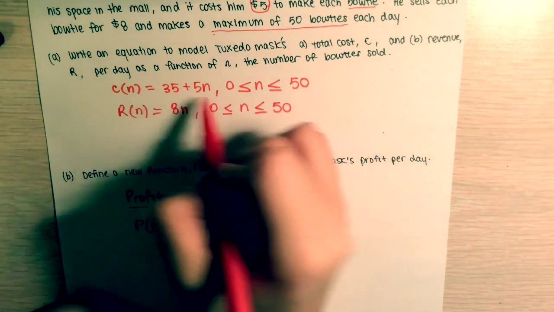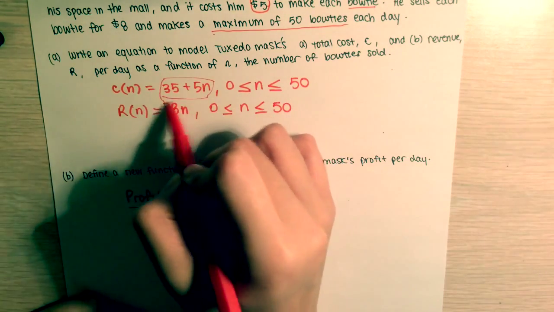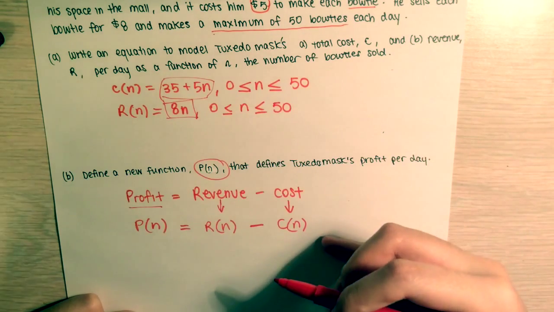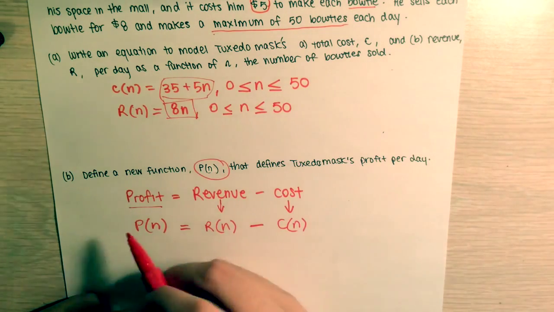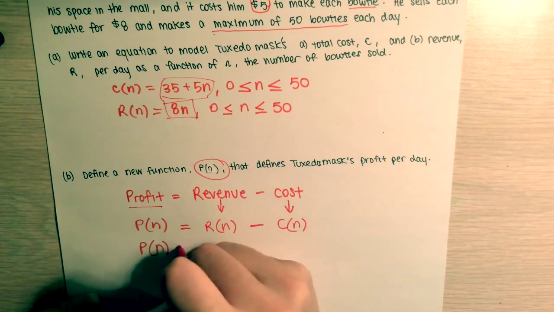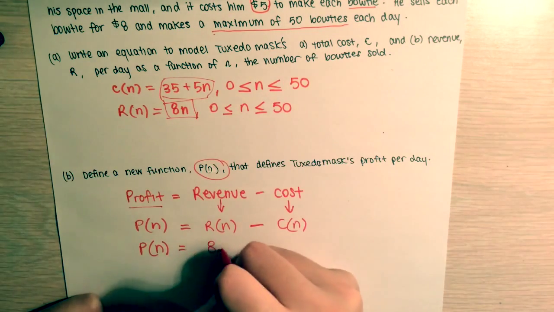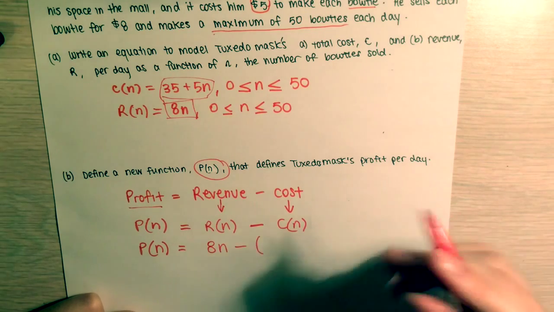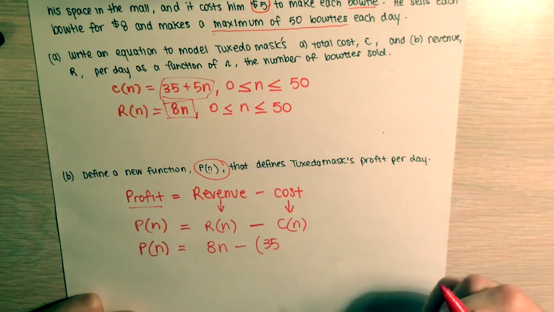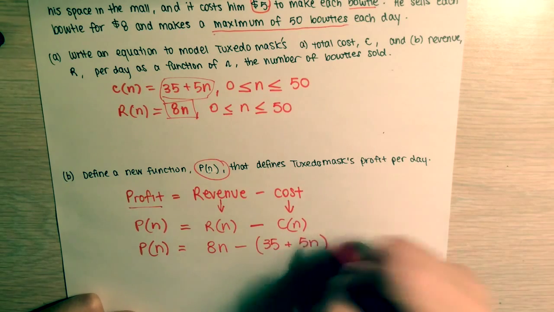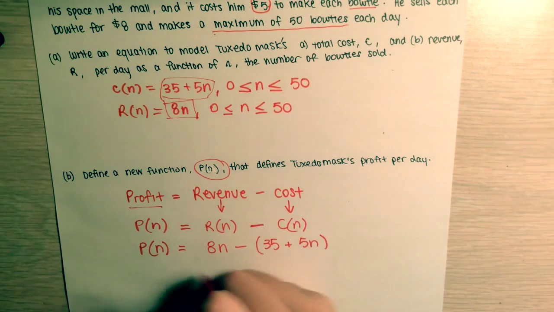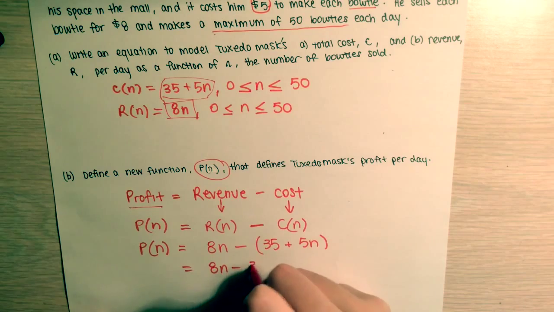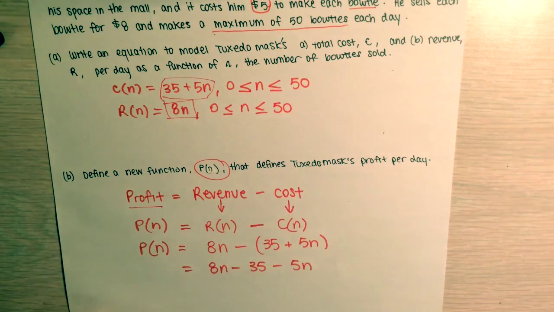So what we're going to do is transfer these two functions down here to simplify it to P of n. P of n is R of n, which is 8n, minus, bracket, don't forget the bracket, 35 plus 5n. So we're going to expand this, which gives us minus 35 minus 5n.